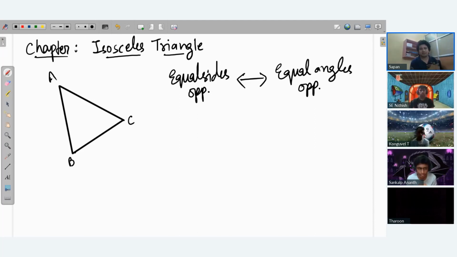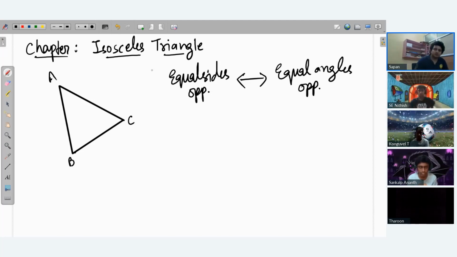If I say equal sides, then this information is enough to conclude that the opposite angles are equal. Or if I say equal angles, then the opposite sides are equal. I want you to see why this works.